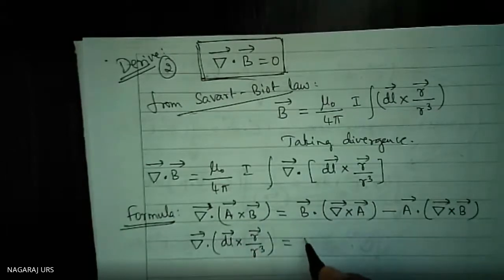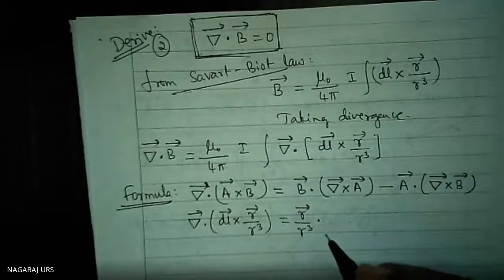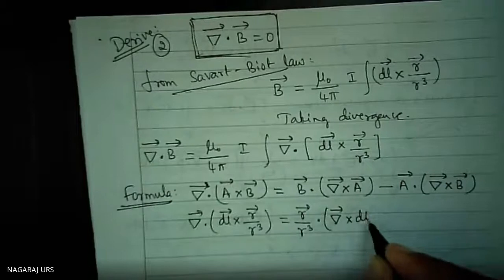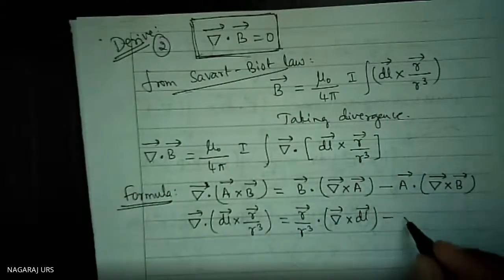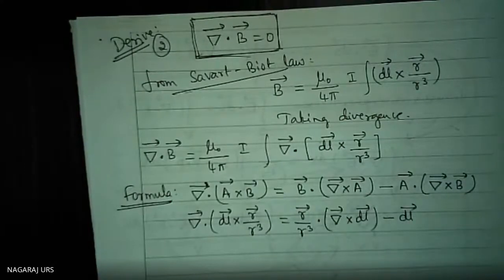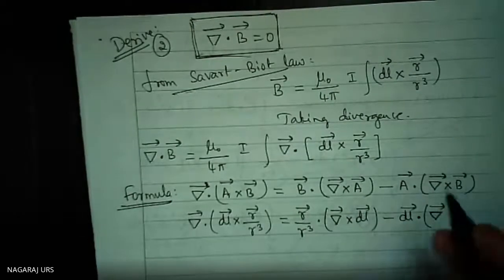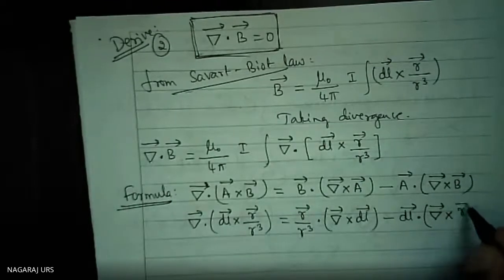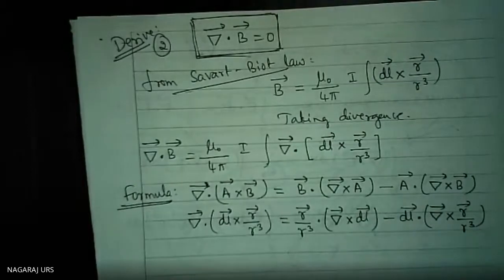So here the expression is R divided by R cube dot del cross dl, because A is equal to dl, minus dl dot del cross B, where B is equal to R divided by R cube.